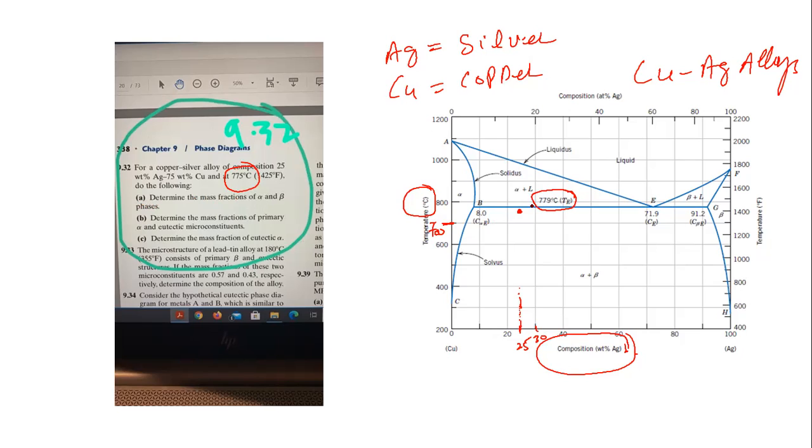You will draw a tie line here connecting the beta. This point will give you C of alpha, and this point will give you C of beta. So the mass fractions of alpha and beta are known.